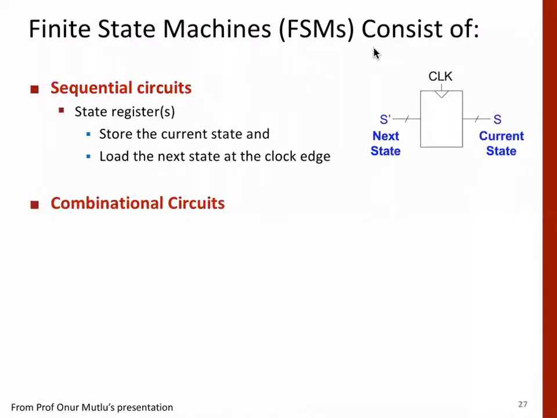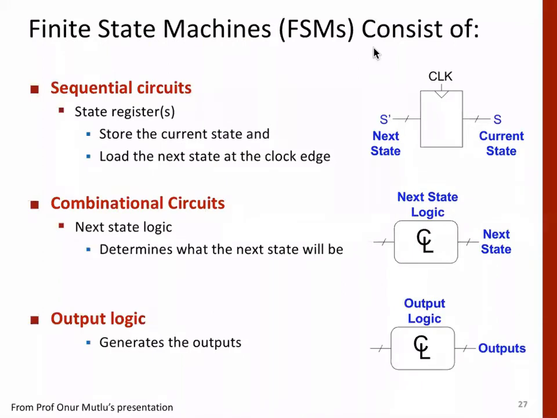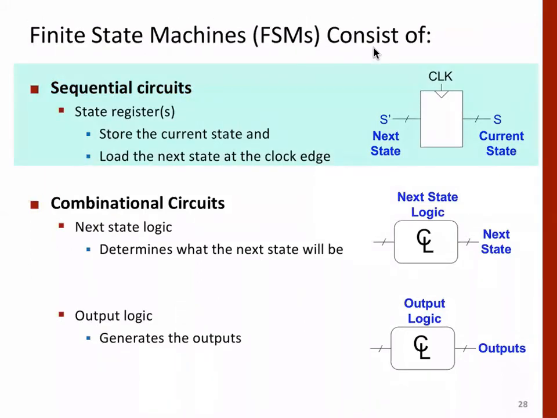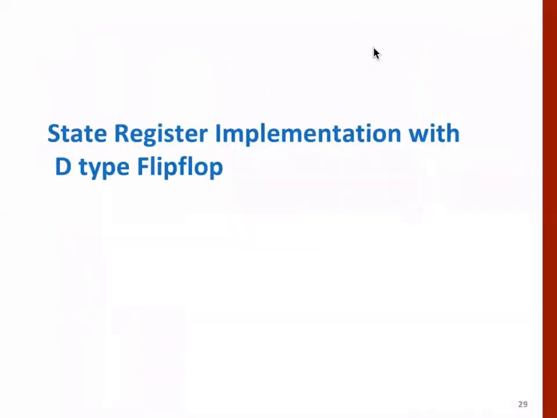So this slide is something that we have already discussed. The FSM consists of sequential circuits, combinational circuits, and output logic. Simple. So now we come back to where we stopped.